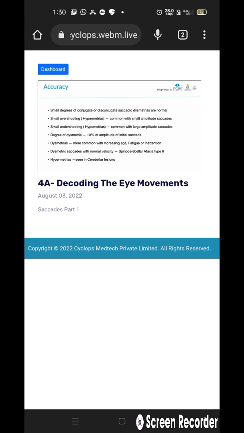Dysmetric saccades with normal velocity you can see in spinocerebellar ataxia type 6. Whereas in spinocerebellar ataxia type 2, the velocity will be slow, that is, the slow saccades will be there. Usually hypermetrias are seen in cerebellar disease.